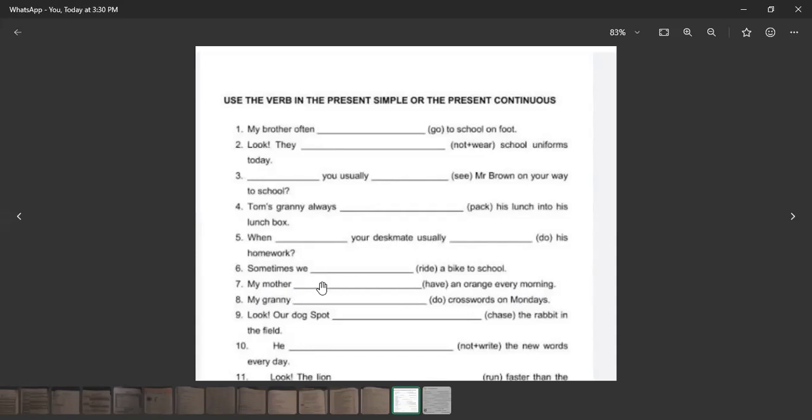Okay. So my mother. Can I say my mother have? Have is present but can it come with my mother? No. So what comes with my mother? Sorry? has. Yes. my mother, which is she, has an orange every morning. Okay, number 8, Karim.